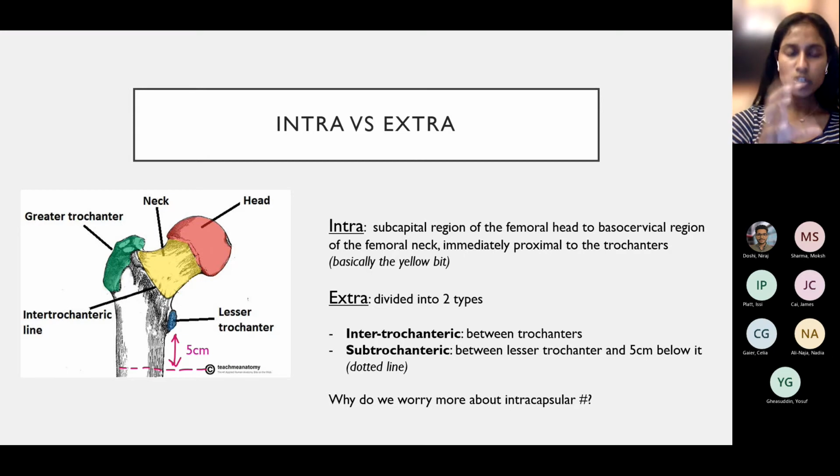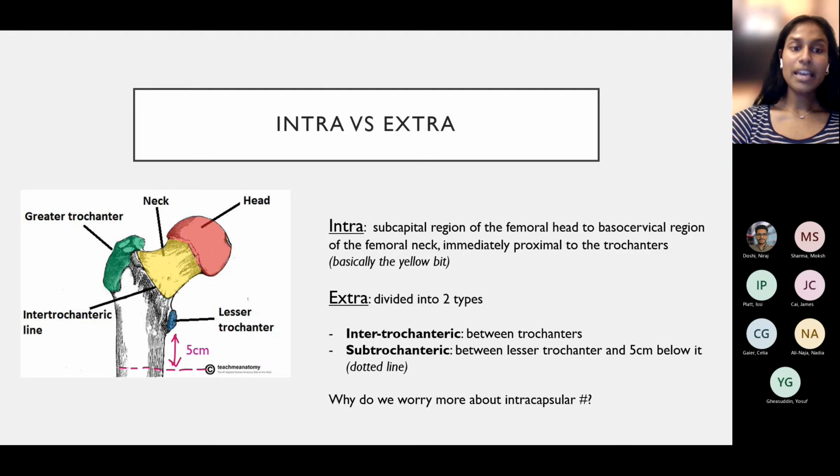So the intracapsular falls below the head of the femur and above that intertrochanteric line, so everything you can see here. And then extracapsular is everything that comes below the intertrochanteric line up to 5 centimeters below the lesser trochanter. As you can see, I've really elegantly indicated that here.